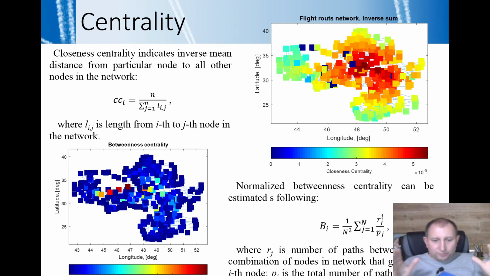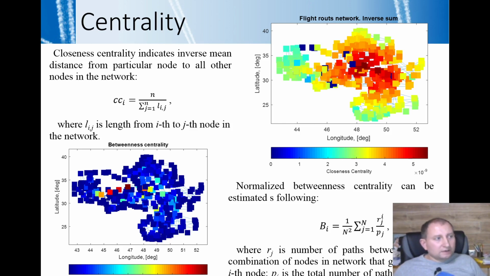Due to the many possible combinations of different paths in the network, we usually use the shortest path. If we get the shortest path between each two nodes in the network, then we can estimate by this formula how often each node appears in these shortest paths.